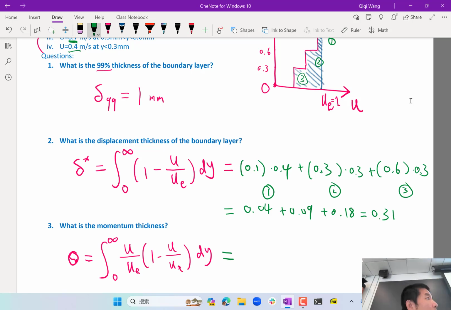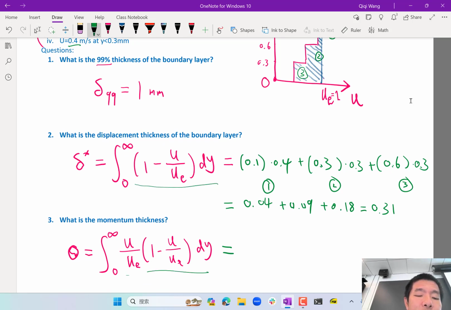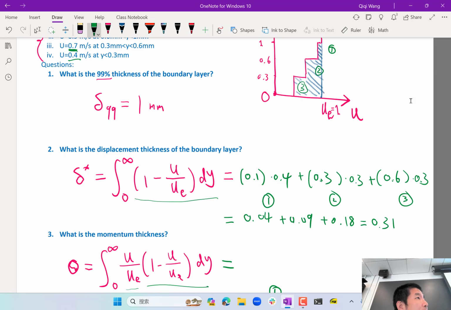Because the boundary layer has a piecewise constant velocity, we can do the same kind of splitting. The second part is actually the same, only that for each layer we get an additional multiplier of u over ue. In the first part, this additional multiplier u over ue is 0.9, right?